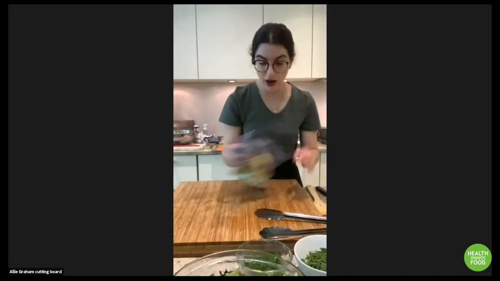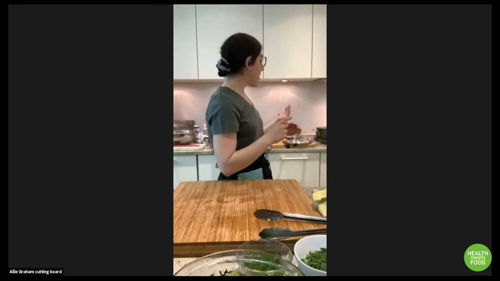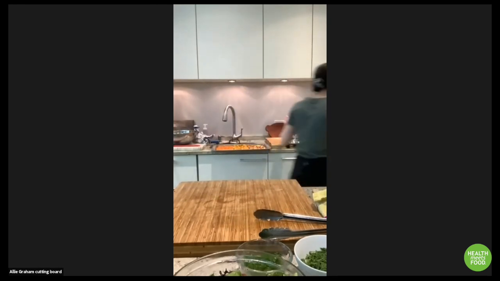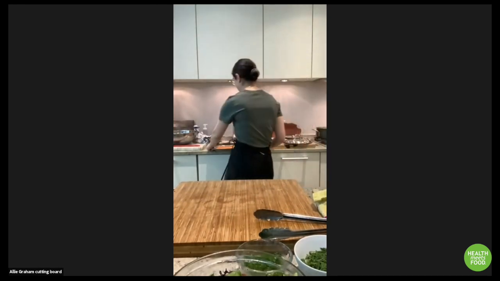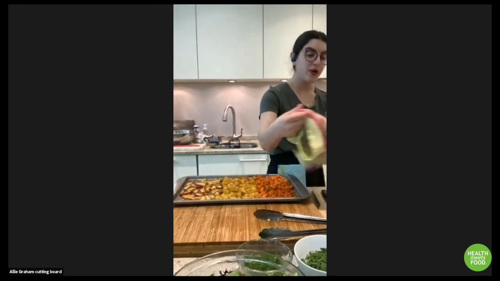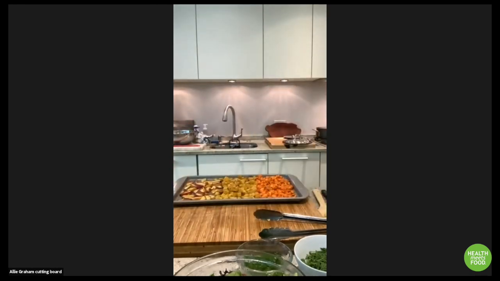Okay, so what we're going to do now is plate all of our stuff for our tempeh dish. The components for our tempeh dish and for our salad are done. So here we have our beautiful vegetables, and I'm pulling the tempeh out of the oven right now.